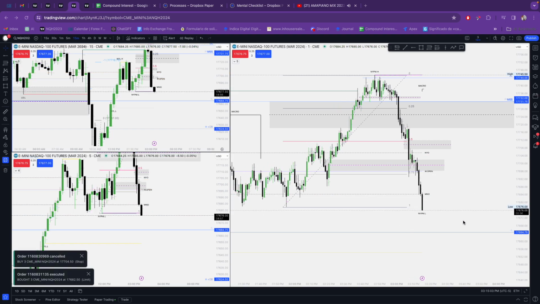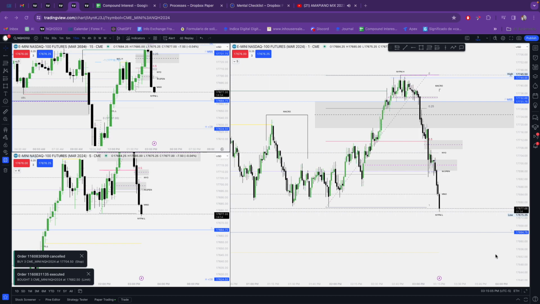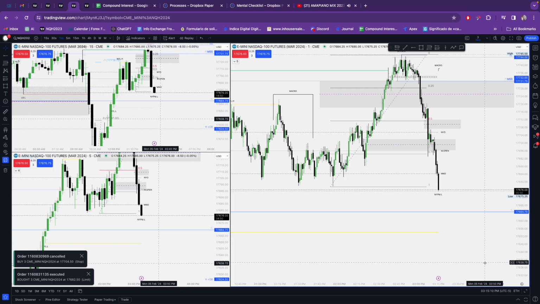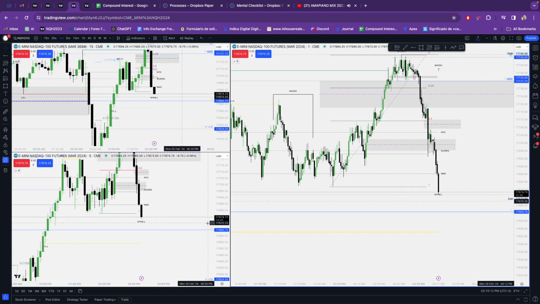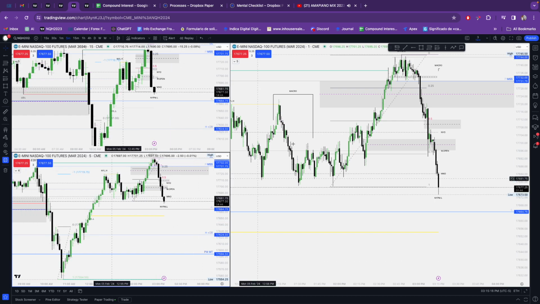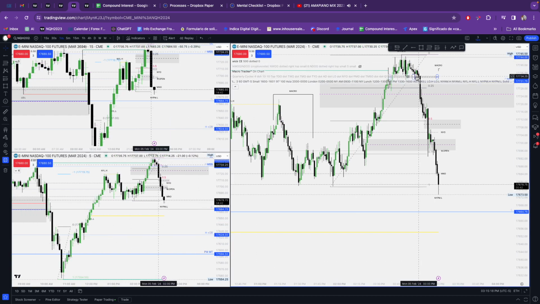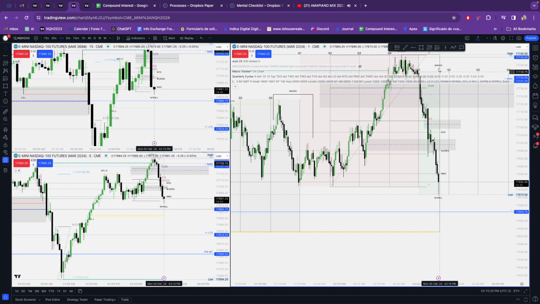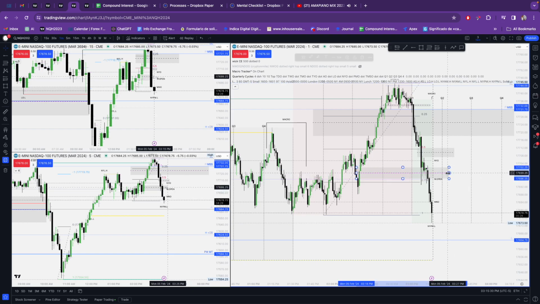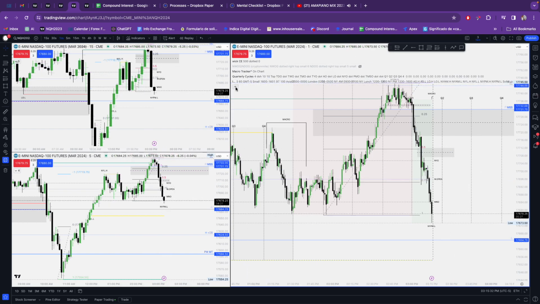There we go. Look at that. PM reversal. And this is a macro session. Fair value gap here, that just got inversed.